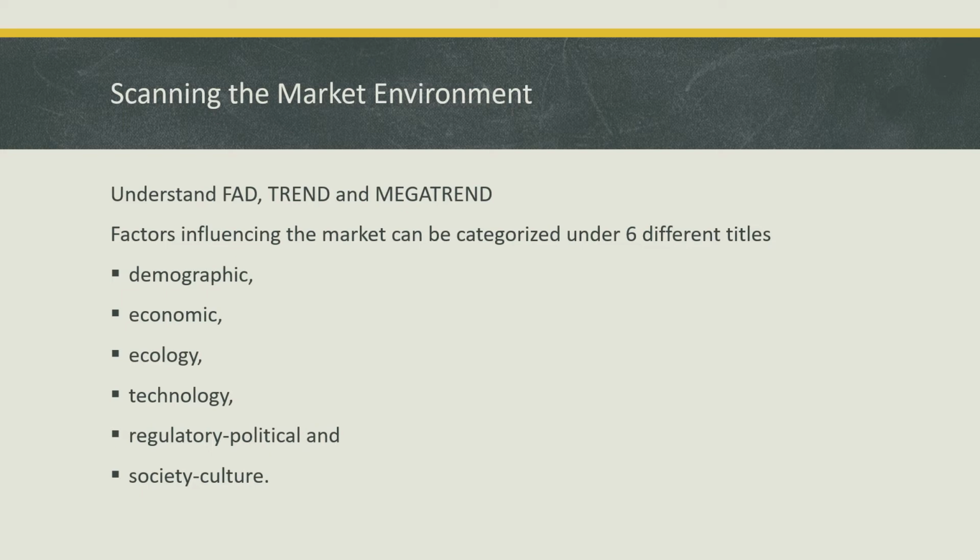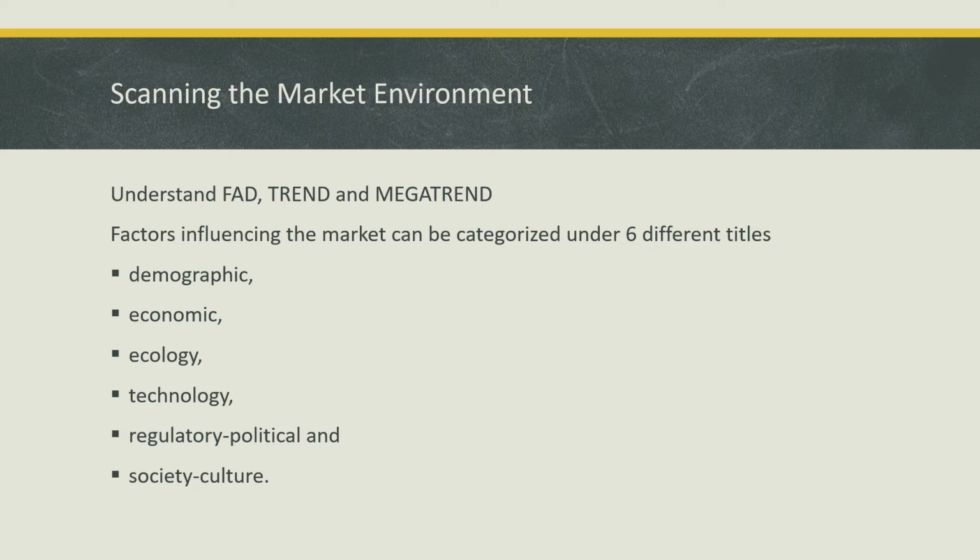It is related to changes in socio-culture and economic situations, whereas megatrend is much slower in development and is associated with political, socio-economical, technology, and regulatory changes. Megatrends are estimated to last for about half a decade. For companies, trend and megatrend are very important because they present business opportunities to them.